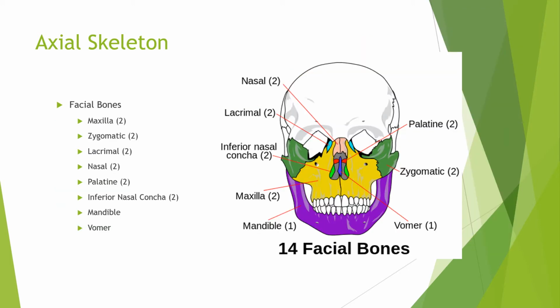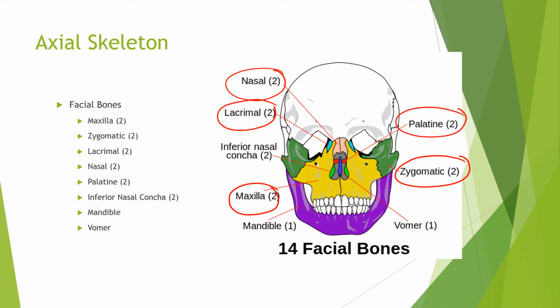The facial bones include two maxilla or maxillary bones, two zygomatic bones that contribute to the cheekbones, two lacrimal bones located by the tear duct. We have two nasal bones that form the bridge of the nose. We have two palatine bones that form the roof of the hard palate.